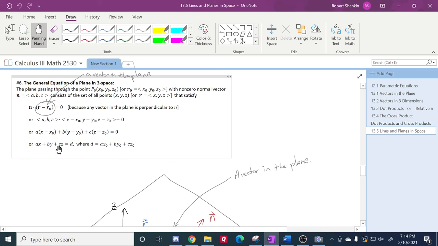And you'd move them to the other side, and we could say that this is the general equation of a plane: something times x plus something times y plus something times z equals a constant. So this is the standard form that we eventually often put the equation of a plane into. And it looks like this.